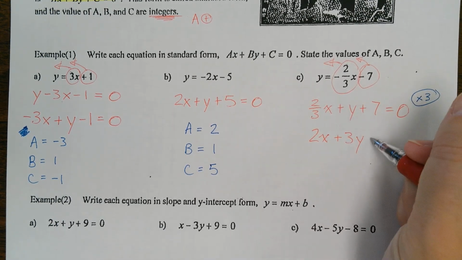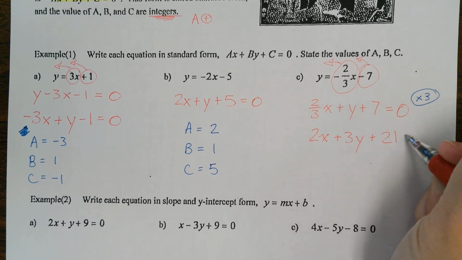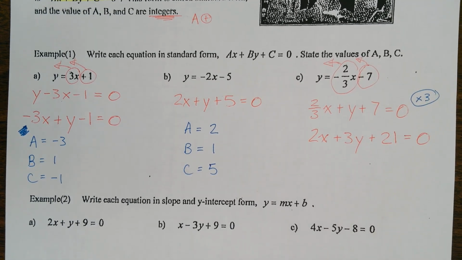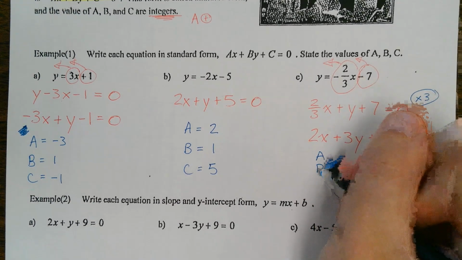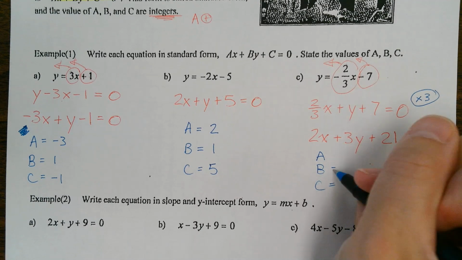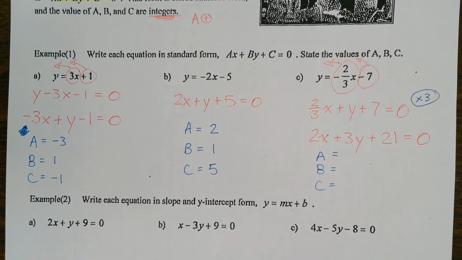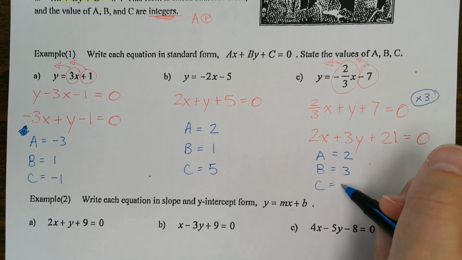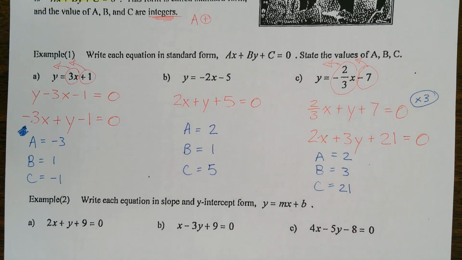And 7 times 3? 0 times 3. Good. There we go. Now this is in standard form, and I can easily say what my A, B, and C is. A is, B is, C is. Perfect. Nice and easy? Good.